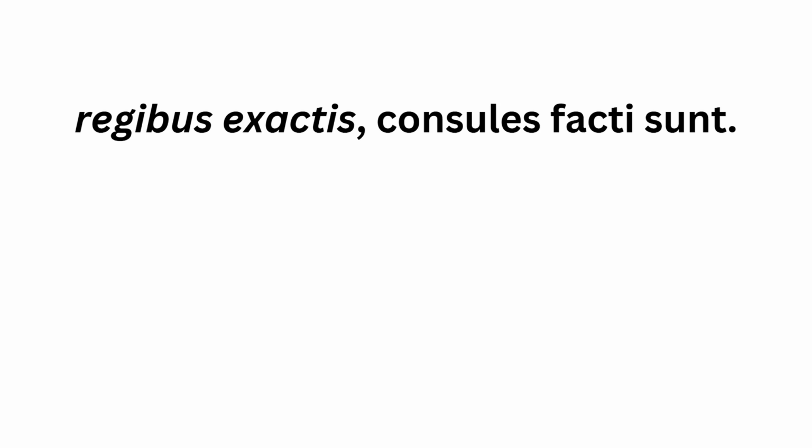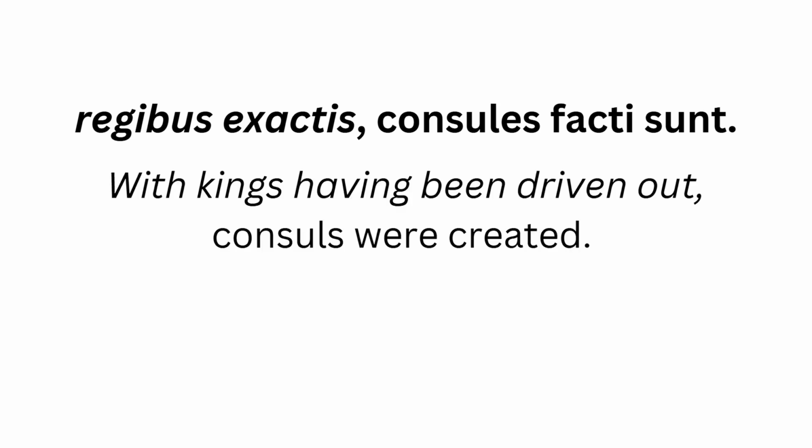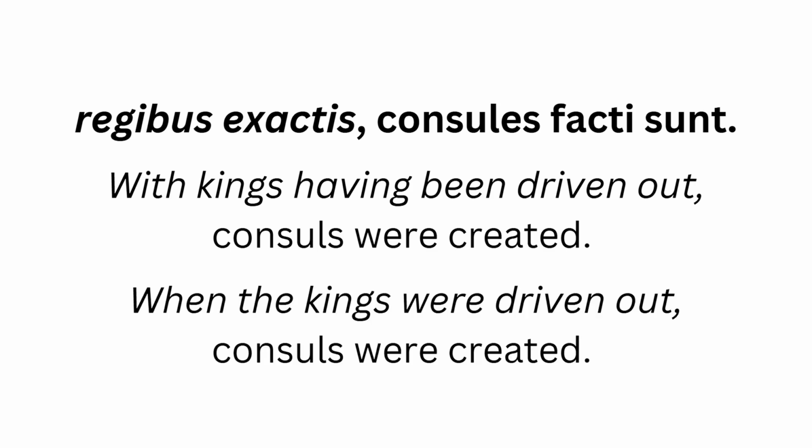So this sentence means with kings having been driven out, consuls were created, consuls were made. This is a description of the republic being created in Rome. Now, this is a very clunky translation, so rather than saying with kings having been driven out, you can say when the kings were driven out, consuls were created. Both are perfectly fine. The top one is a little bit more clunky.